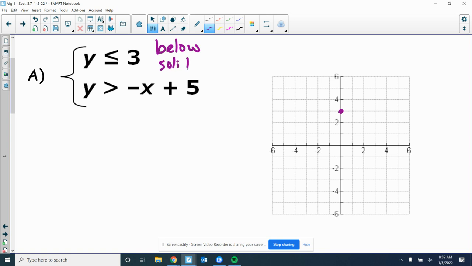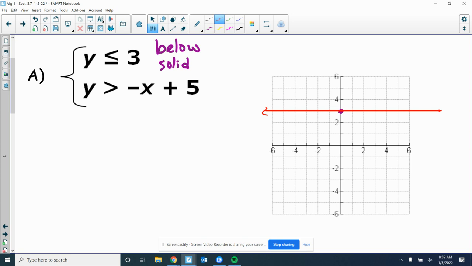Solid. So here's what I'm going to do. I'm going to make a solid line, and it's going to be horizontal, right there. Now, here's what I was talking about, guys. See if this makes sense.